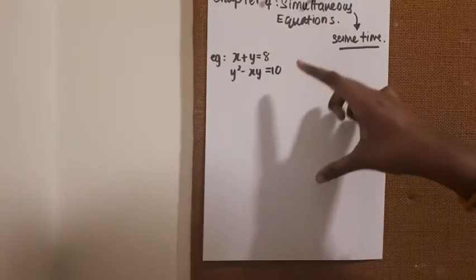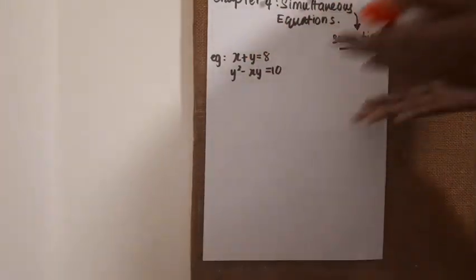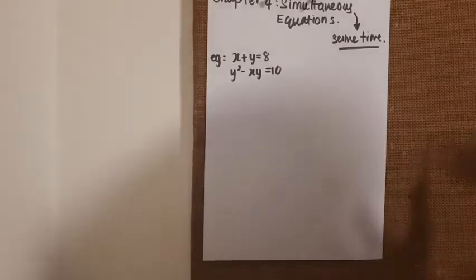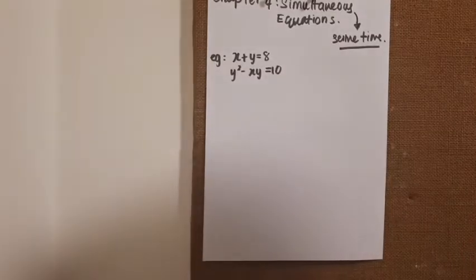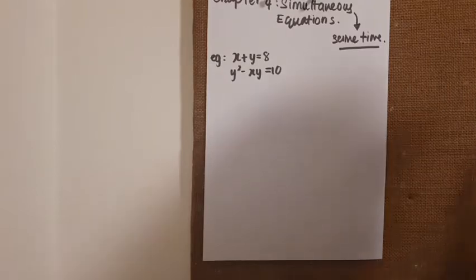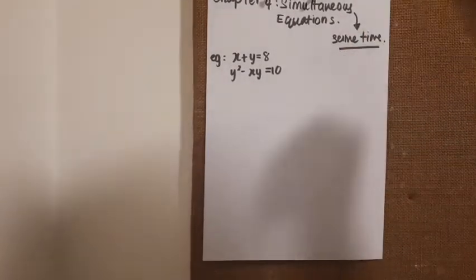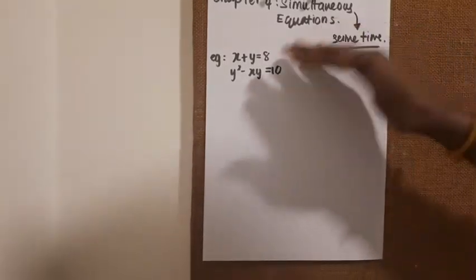So you will be solving both equations at the same level. You're not going to use the same method as you studied in your previous Form 3, Form 2 and Form 1. This method is going to be slightly different. So I will teach you how to do this question.